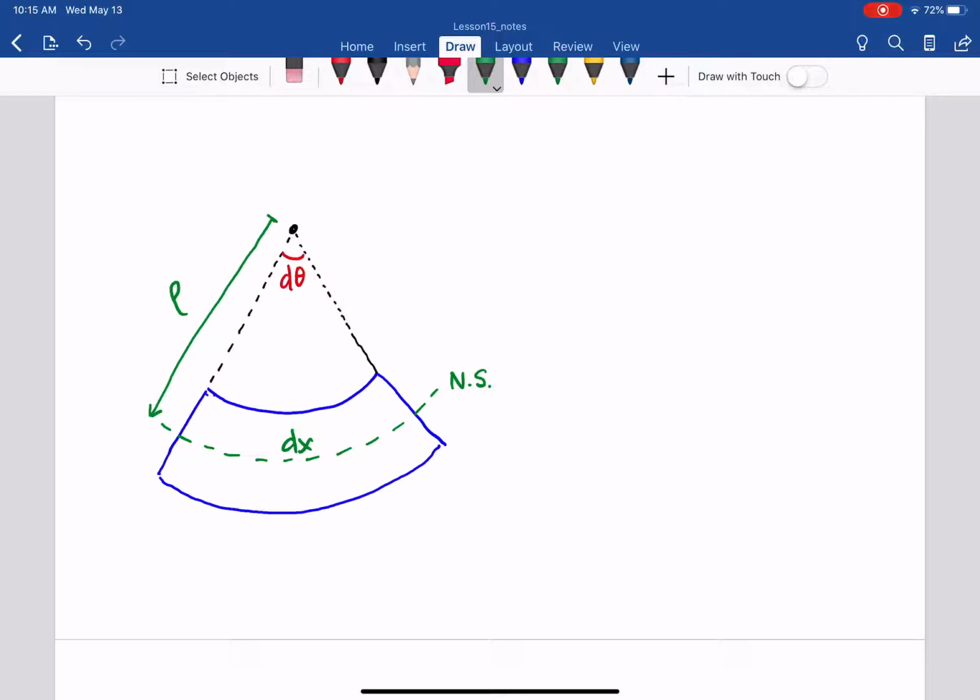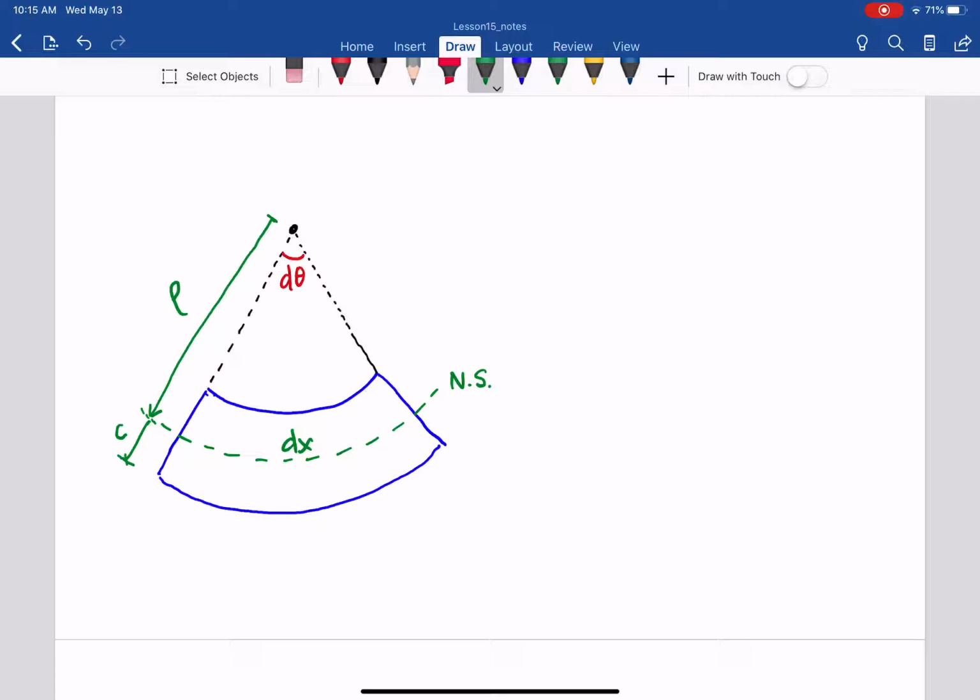We also know in elastic bending, the distance from the neutral surface to the outermost fiber is C. So nothing new to us so far.